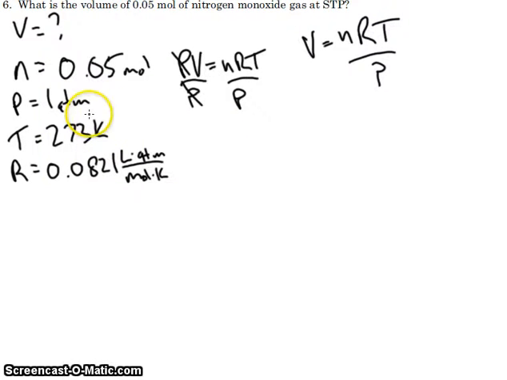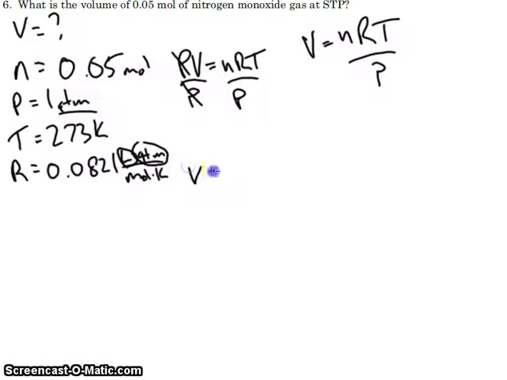Our temperature is in Kelvin. The other thing we have to worry about here is whenever you're using this value for R, our pressure units have to be in atmospheres. Luckily for us, our pressure units are atmospheres. Our volume units have to be in liters. Well, we're looking for volume, so when we do that, our units will be liters.